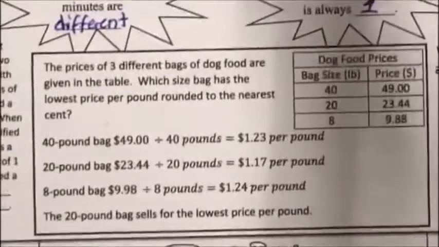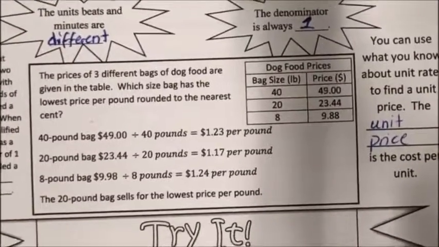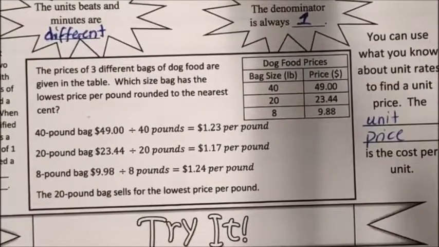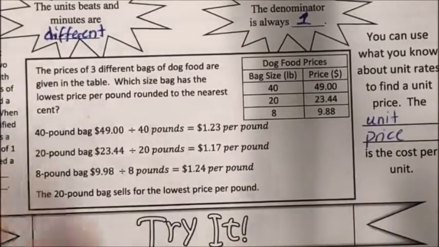Okay. So the example they actually give us is the prices of 3 different bags of dog food are given in a table. Which size bag has the lowest price per pound rounded to the nearest cent? So they give us 3 different bags of dog food, right?